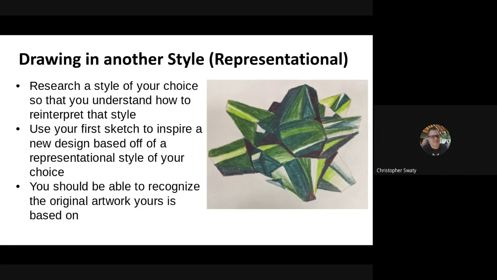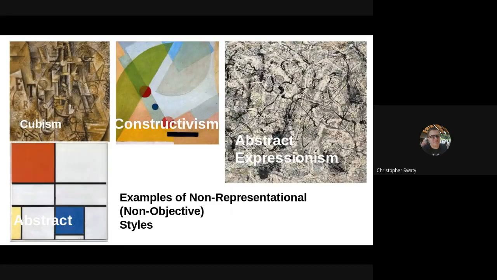Now, for your second one, you are going to choose a non-representational or non-objective style. I wanted to make sure that we talked about some of this stuff before we got here, because this is cubism, and so was that picture of the man that we looked at. You know, these are all different types of abstract art.